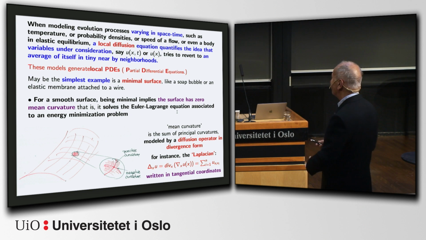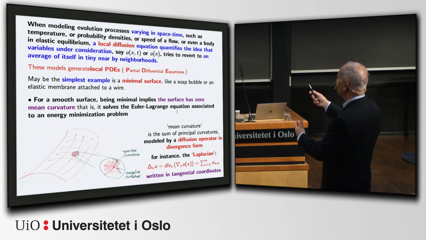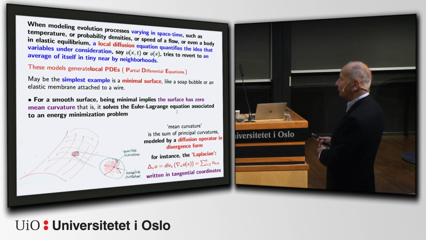Okay, so basically, let's try to look at this mathematics and see how it evolves. As I said there, these models that we are discussing are many times described using partial differential equations. Here we have a case, and here I have another.